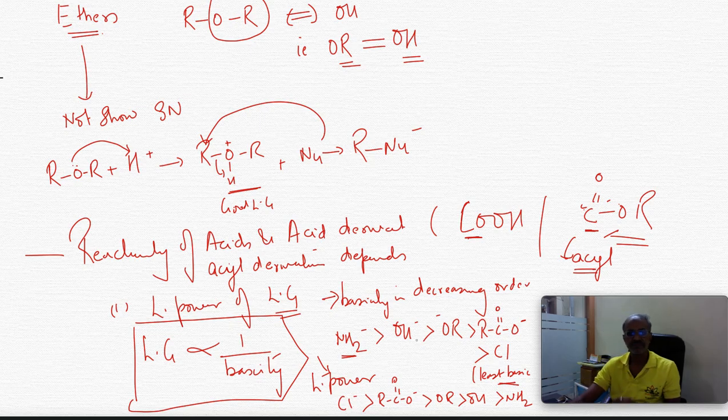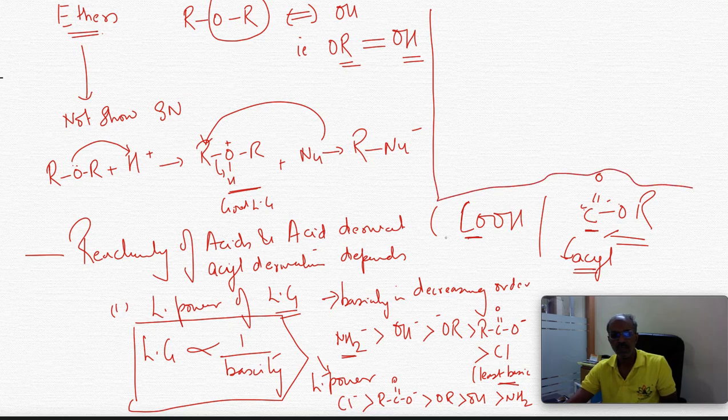This is very important, make a note of it. Weaker the base, better the leaving power. Cl was the weaker base, so Cl is a very good leaving group. Similarly for reactivity: if the leaving power is better, the reactivity also has to increase.